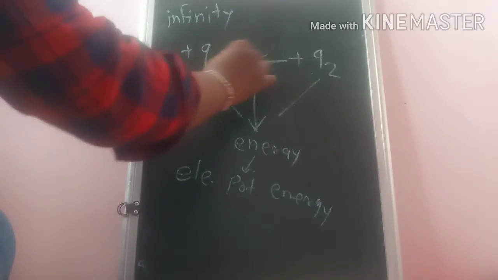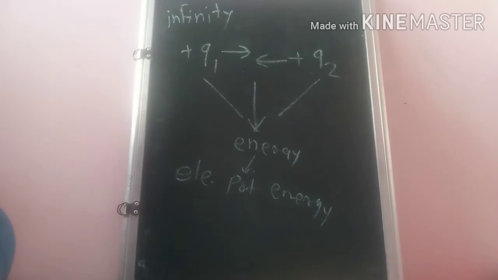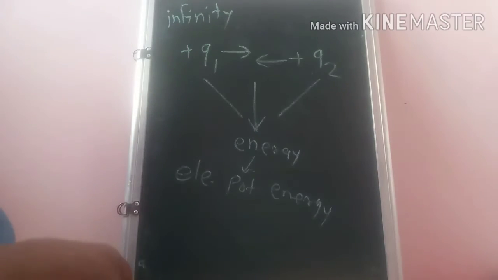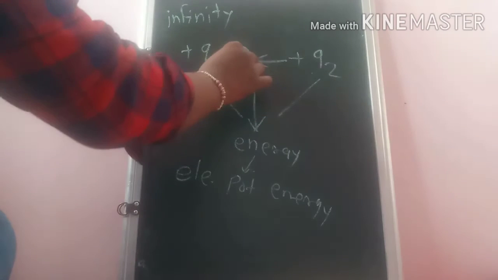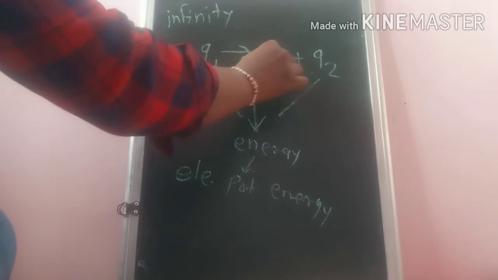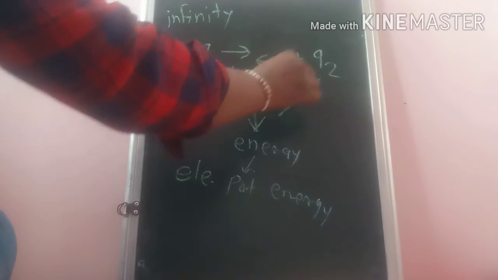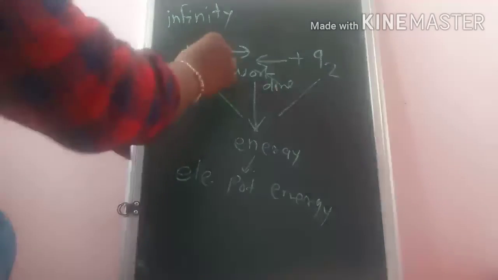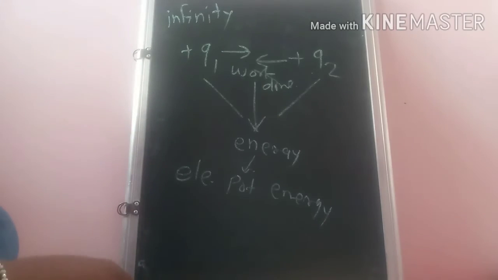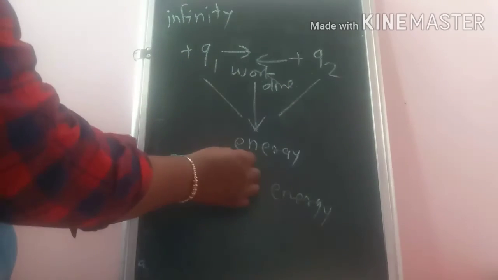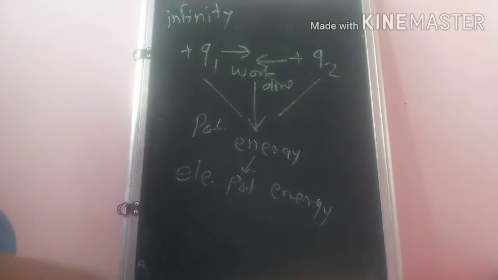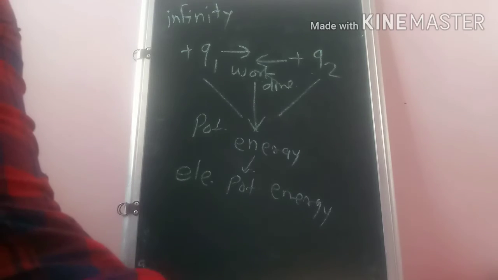These two like charges are at infinity and are brought closer to each other. Work has to be done with respect to the repulsive force between the two like charges, and this work done is stored as potential energy, called the electrical potential energy.